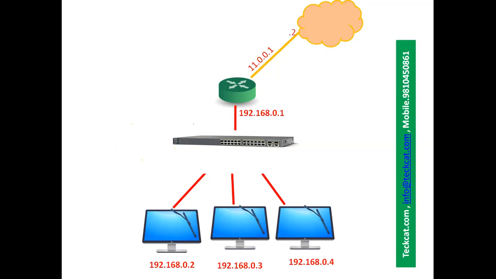If I assign public IP address in all the computers, we can access anything from the internet. If you assign public, routable IP address in any of the computers, you can access anything from the internet.